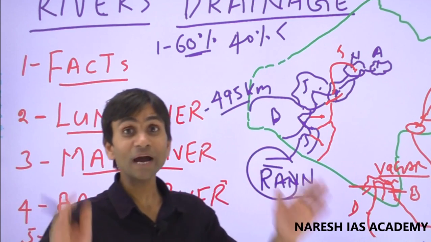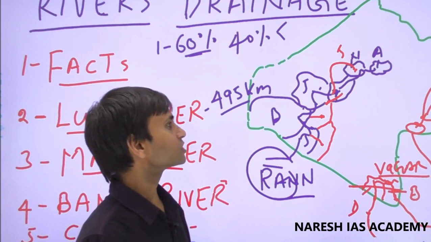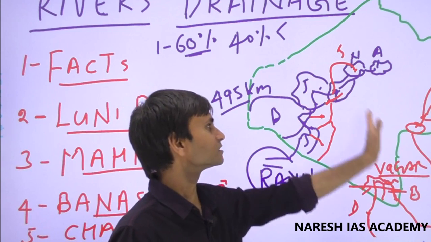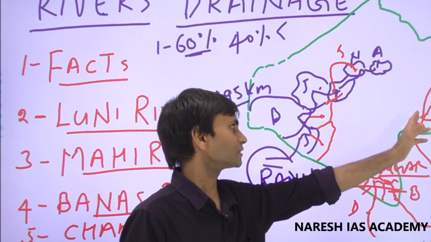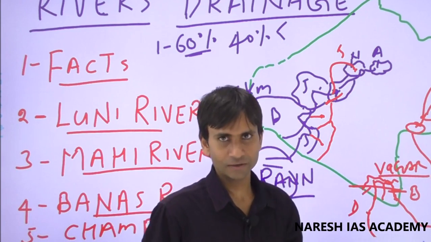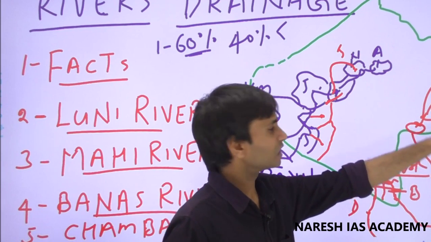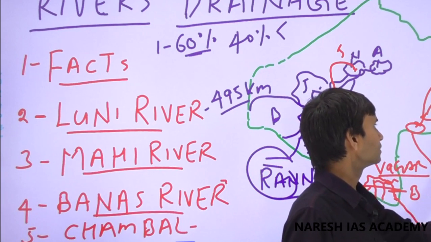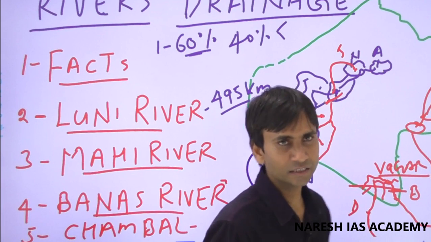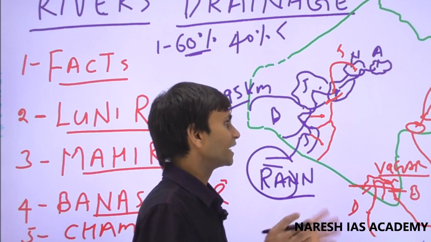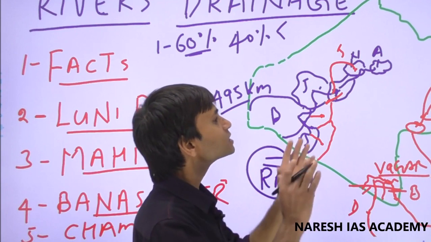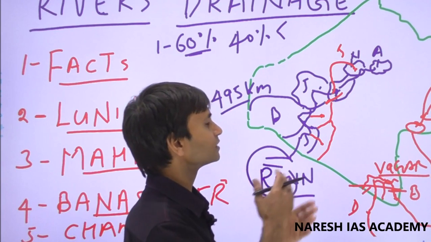There are many tributaries of the Chambal river from the Rajasthan side, the important river being the Banas river and others. From the Madhya Pradesh side, the Parbati river, Kali Sindh and the Ken river, and so many small tributaries join the Chambal river.